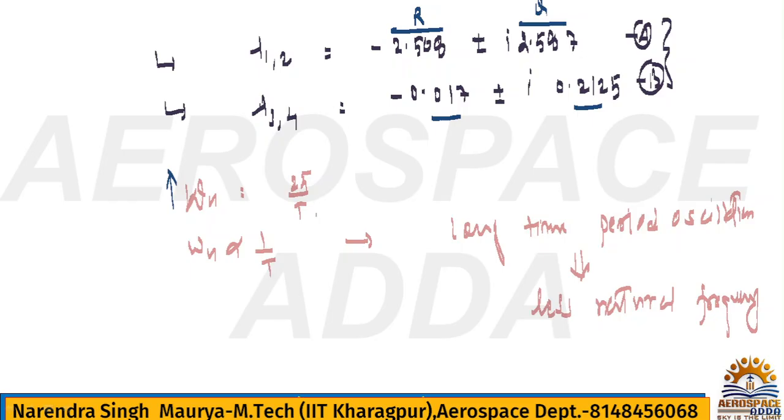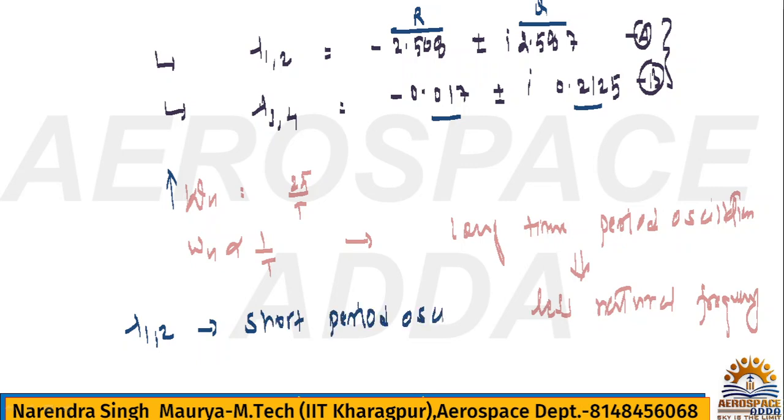It means time period is basically less. If time period is less, it becomes a short period oscillation. So can we say lambda 1, 2, it is now clear, lambda 1 comma 2, it is the short period oscillation.